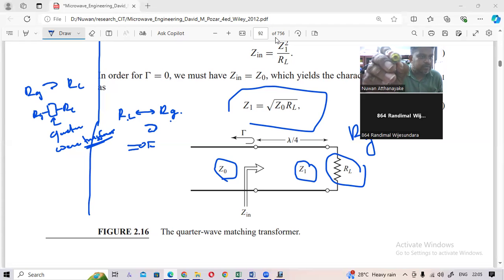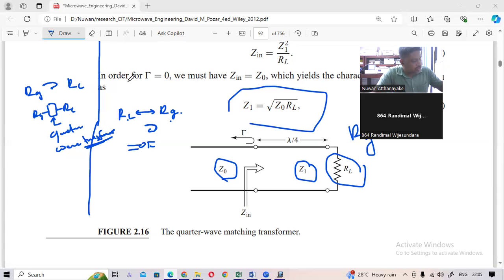I think maybe you are asking why BNC is better than SMA or something, no? I don't know. Anyway, we can't say that SMA is better than BNC.